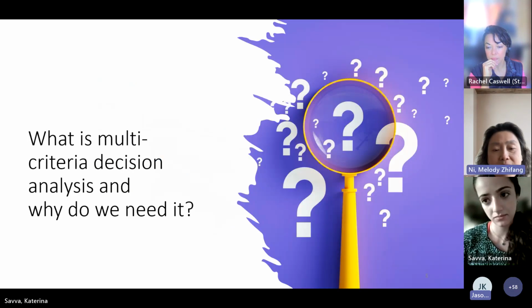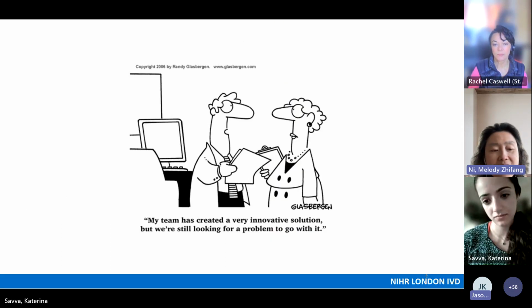So what is multi-criteria decision analysis? What is MCDA and why do we need it? The irony is that in our line of work, we often encounter technologies already developed to a fairly advanced stage, but it's not clear what their unmet needs are and how they plan to meet them.